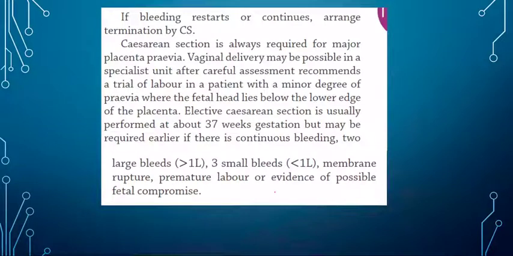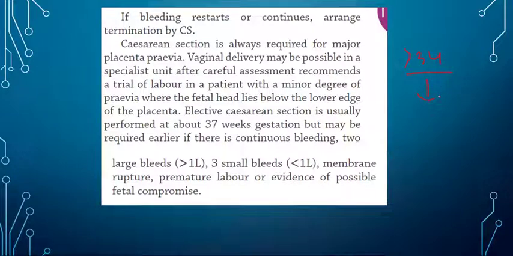Now, there is a lot of investigation and a lot of management, but you don't need to remember it. Remember one thing: if it's a major grade of placenta previa and more than 34 weeks of gestational age, that patient will be admitted for the rest of the pregnancy.